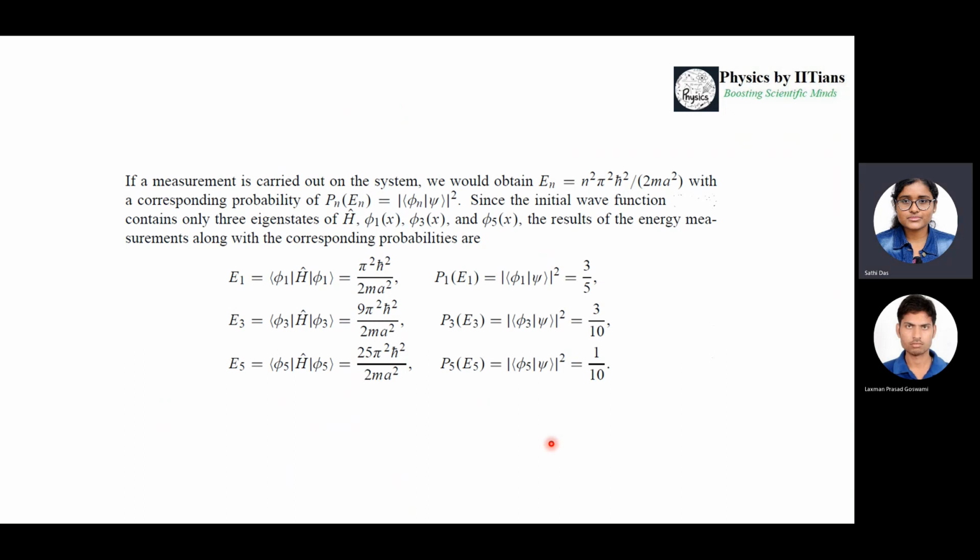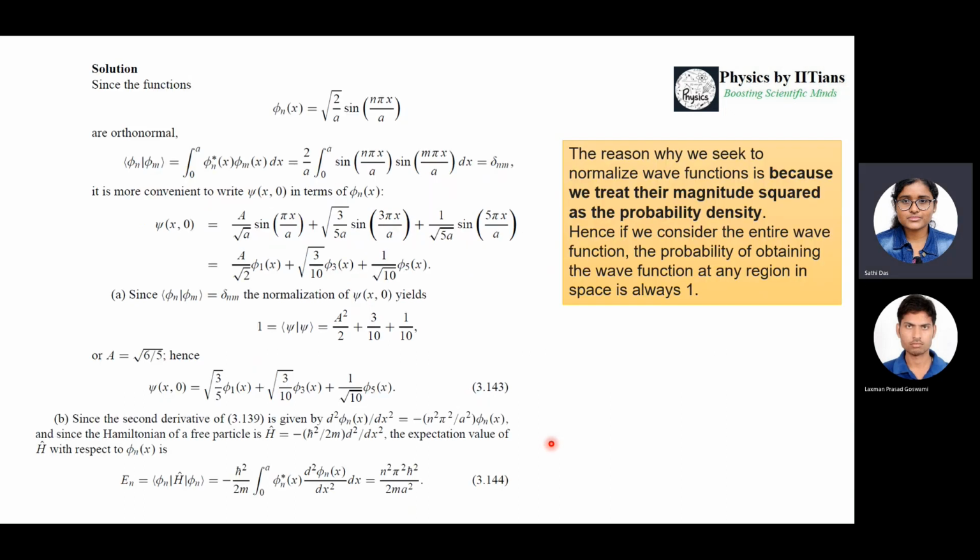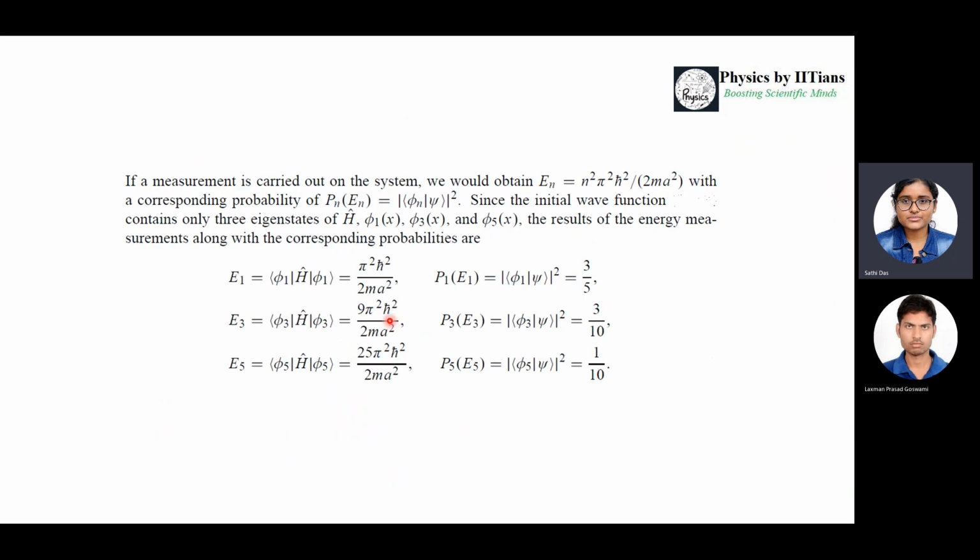So what I have done here is, first find the energy eigenvalues using the given wave function, for the three corresponding n values: E1, E3, E5. Then you find the probability of energy using the mod square of the wave function. For that particular state, you consider only that state within the whole wave function.